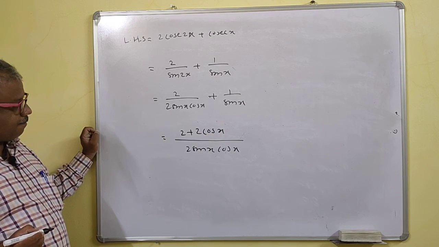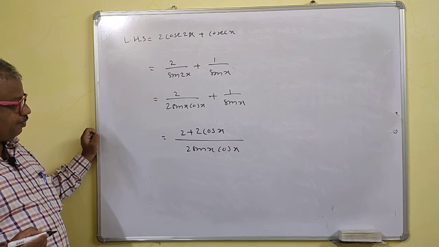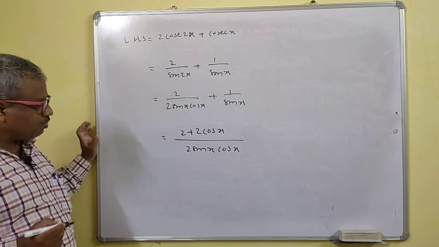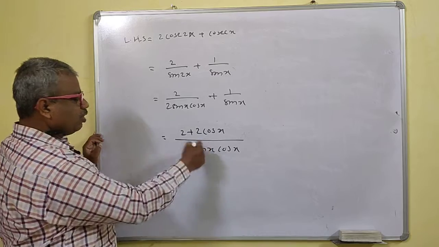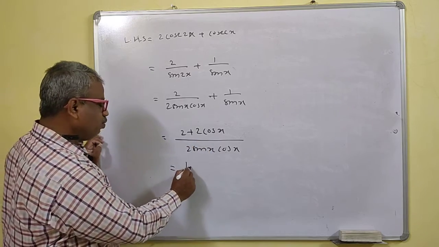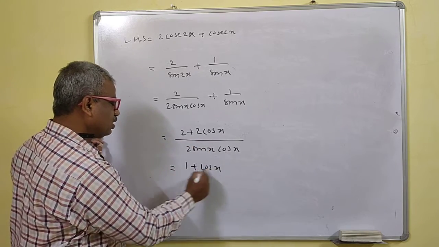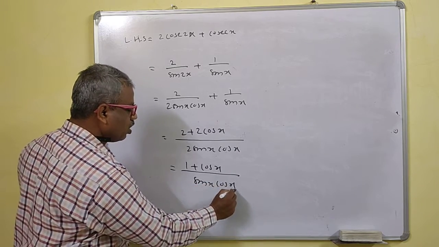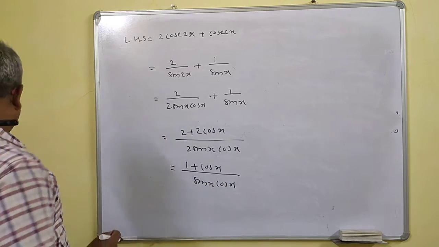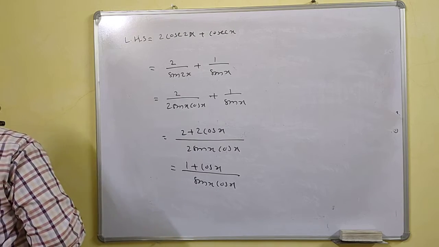Actually, if you divide by 2, then no problem, so we can divide by this. You remove these 2. So what we get there is 1 plus cos x upon sin x cos x.